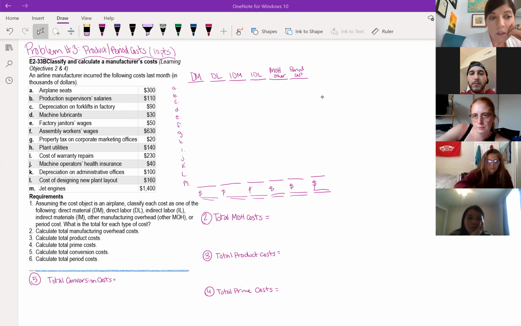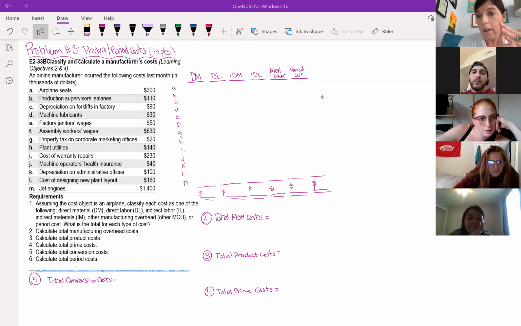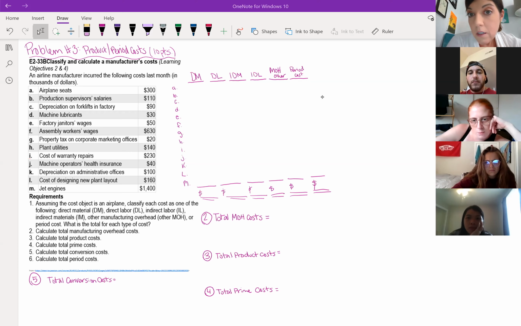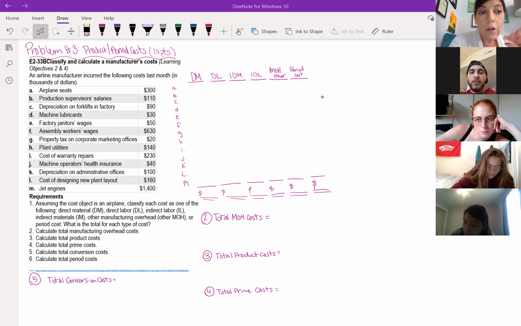We're going to go through this list and identify if it's direct materials, direct labor, indirect materials, indirect labor, manufacturing overhead other, or period cost. I test you on this because it is one of the things you have to know throughout this class. I really want you to have a solid understanding of product versus period costs, and it prepares you for the other portions of the test too.